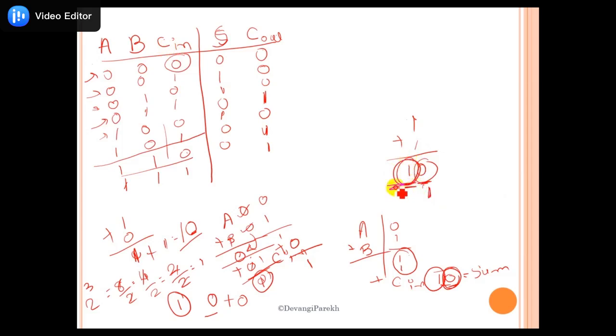So we have to write this 1 in C out. And this 0 will be added with 1, this C in. So 0 plus 1 will produce 1. So it will generate the output 1. So likewise, we have to create the table from the given input specification.